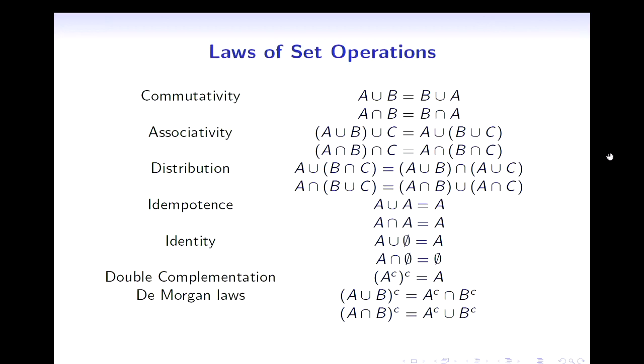And it might be a good idea for you, if you're not familiar with these laws, to try this with the other distribution law, to try this also with some of these laws, and possibly also look at the so-called De Morgan laws, which say that the complement of everything that is in A and B is the same as everything that is not in A intersected with everything that is not in B, and also intersected and union exchanged.